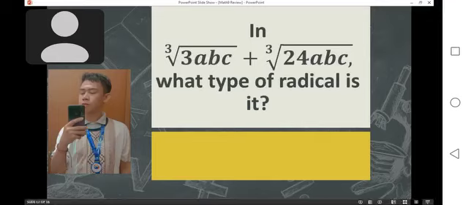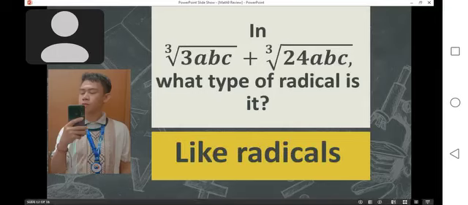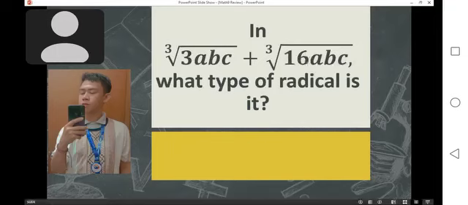And the simplified form for this is 2 cube root of 3ABC. Since they have the same index of 3 and the same radicand of 3ABC, the answer is like radicals. Because they have the same radicand, which is 3ABC, and index of 3.